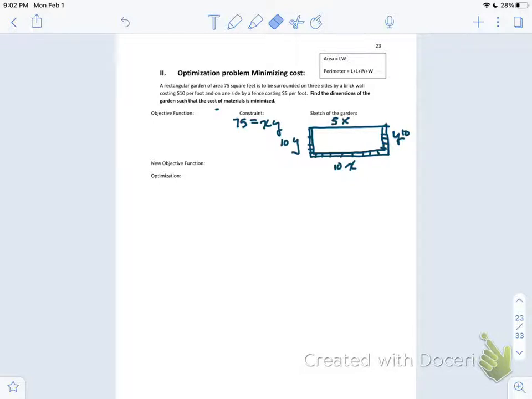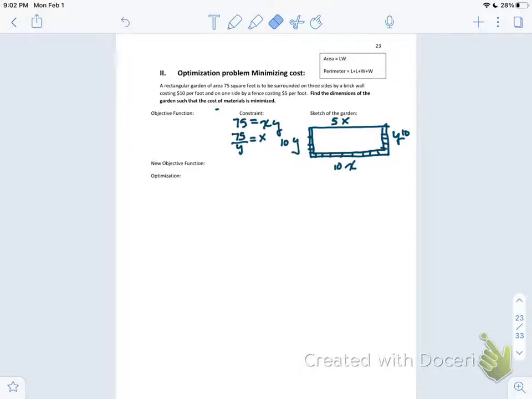What do I know? So let's see what I can figure out from there. So I know my area is going to be length times width. And so therefore, don't I know that, how about if I say 75 divided by y equals x?